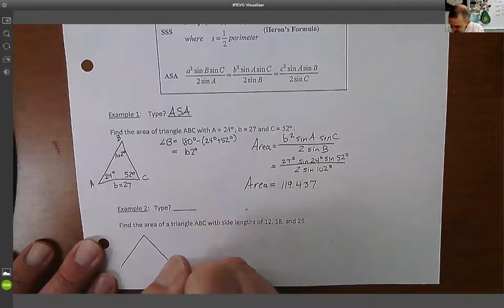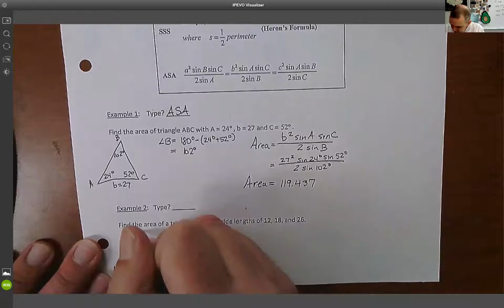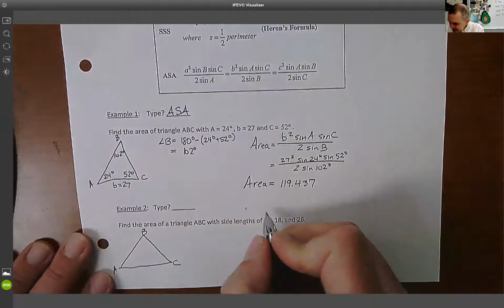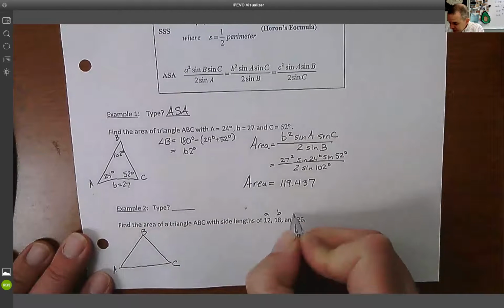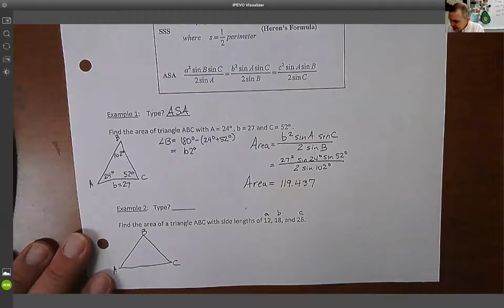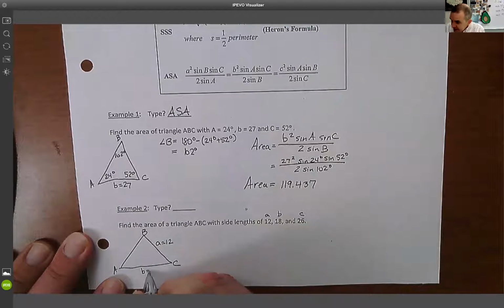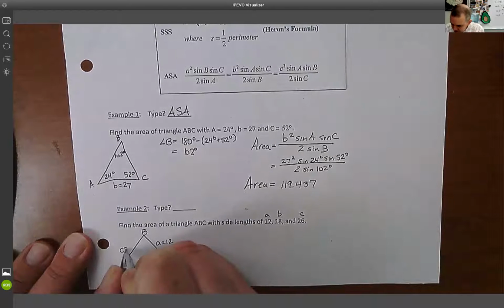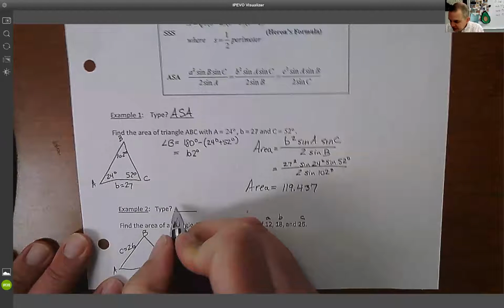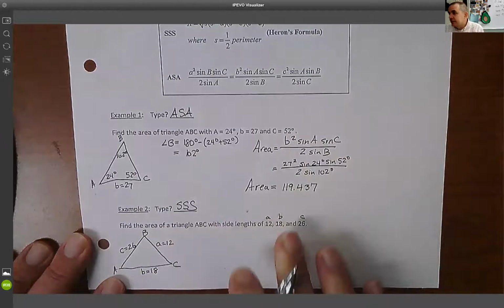Again, we've got A, B, C, and it doesn't matter which way you label them. I'm just going to go in alphabetical order, so A is 12, B is 18, and C is 26. In this case, we've got side, side, side.